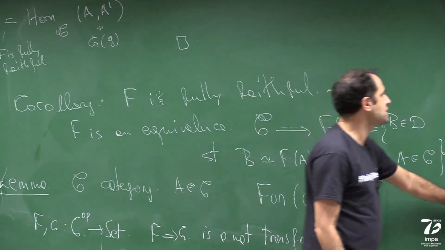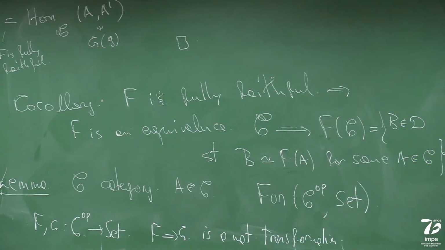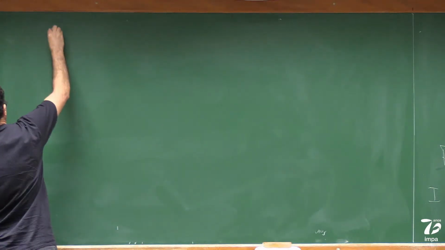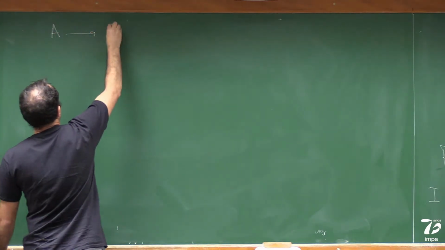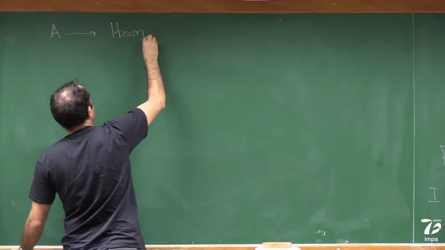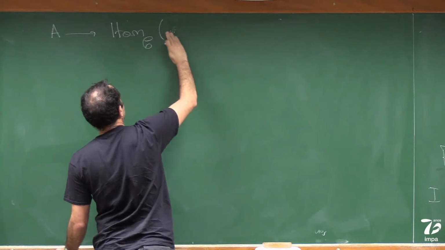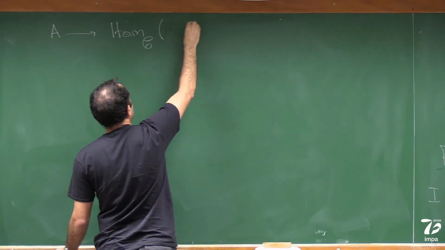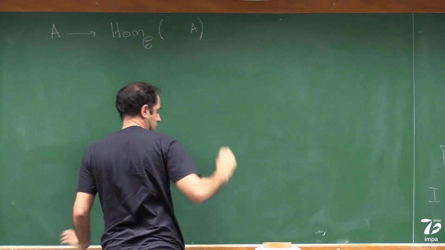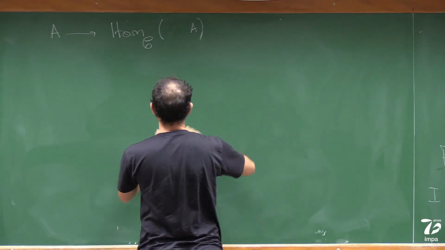Okay, so every object of C gives me an object in that category, which is the object h. So for every object A, I can give you Hom in the category C into A. No, actually, I want to do the contravariant one.